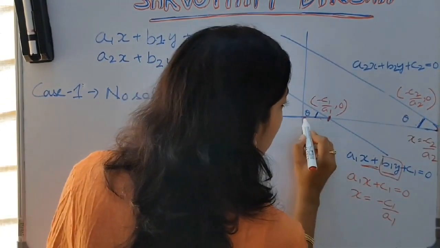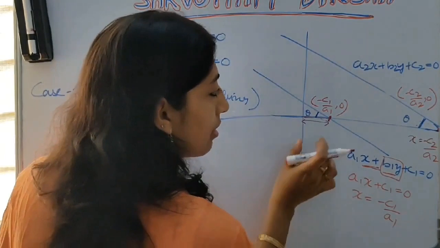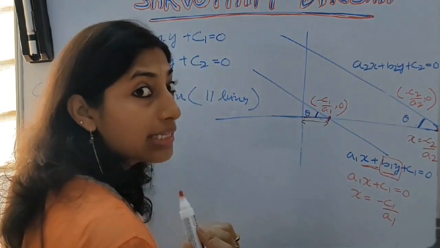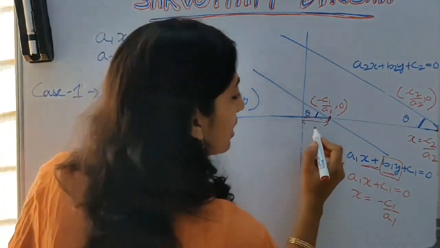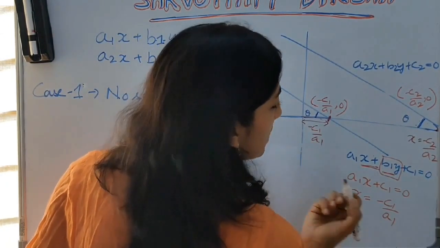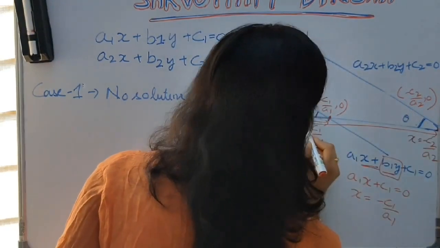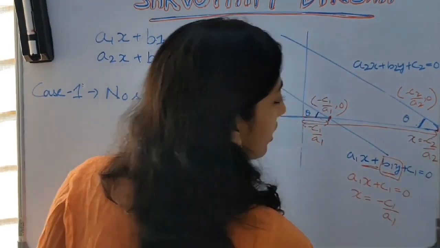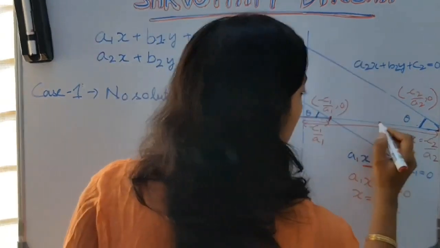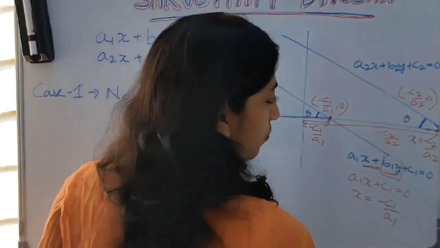So what will be this length? What will be this length? This is nothing but my x coordinate. So this length is minus c1 by a1. Same way, what will be this length? This is also x coordinate. So this length will be nothing but minus c2 by a2.